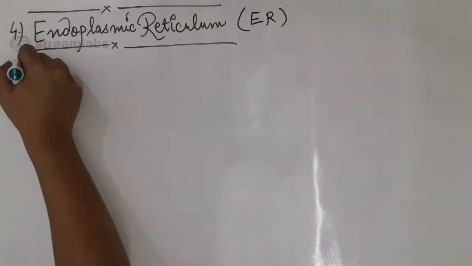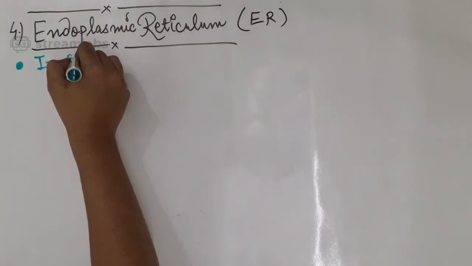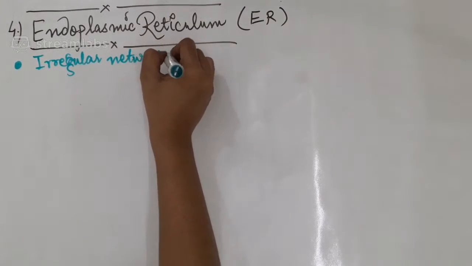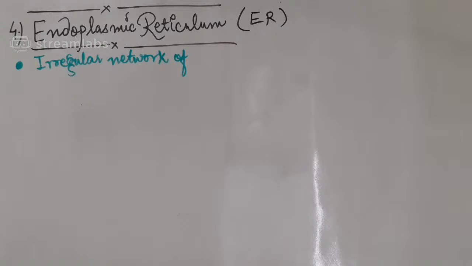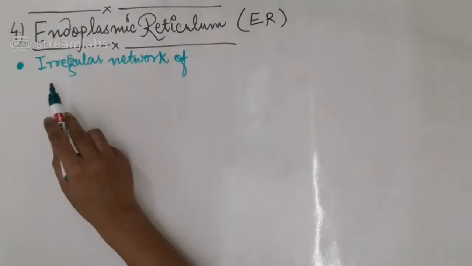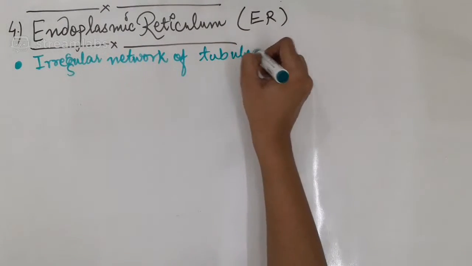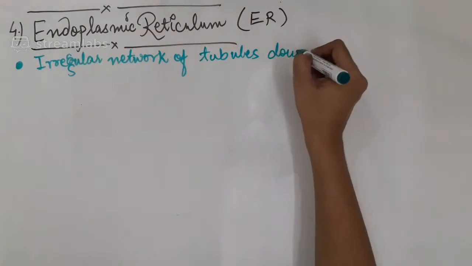It is the irregular network of tubules. Tubules means the pipes, or the irregular network of tubules forming double membrane.